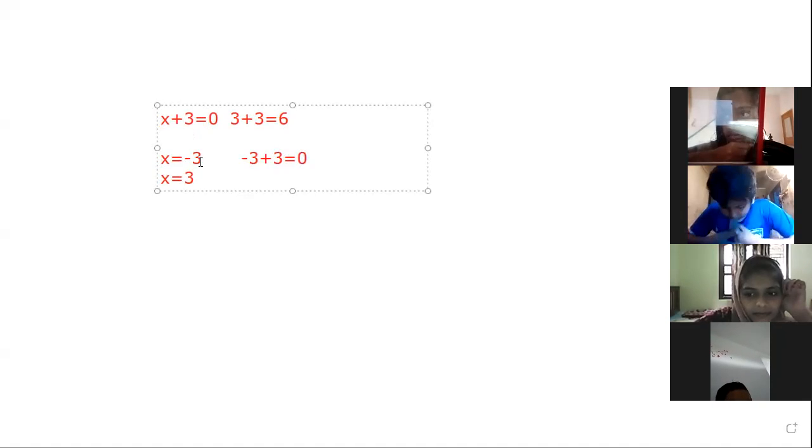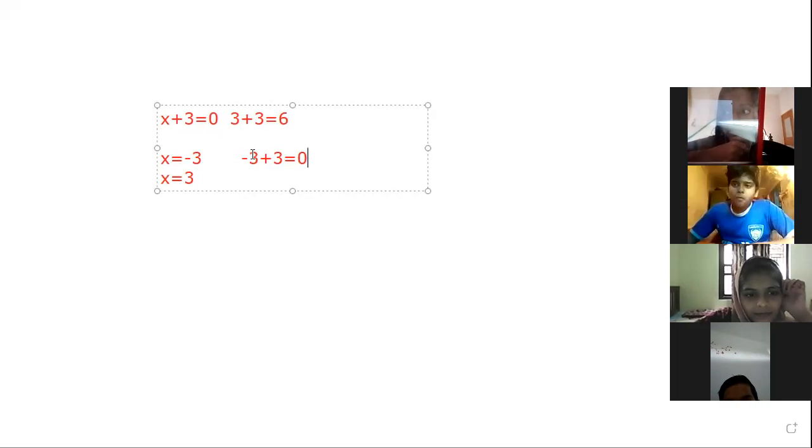Then the value x equal to minus 3 is satisfying this equation. We are choosing different values for this x. In the case of plus 3, we can say that the equation is not satisfied. And in the case of x equal to minus 3, we can see that minus 3 plus 3 is equal to 0 itself. So the equation is satisfied.